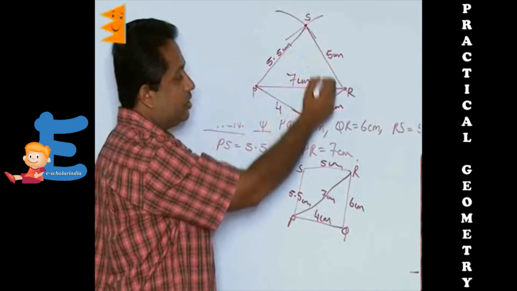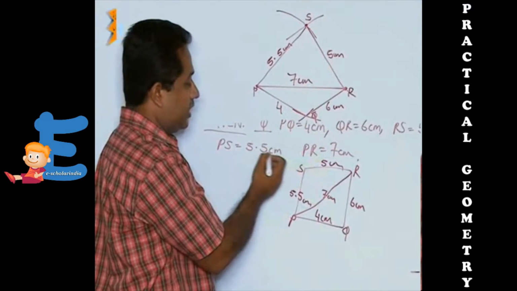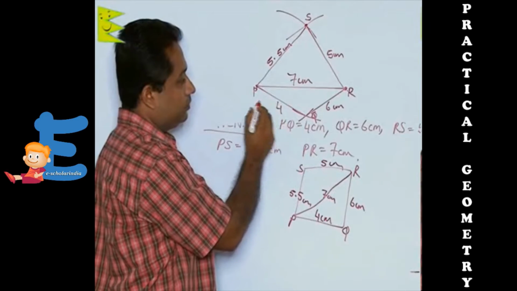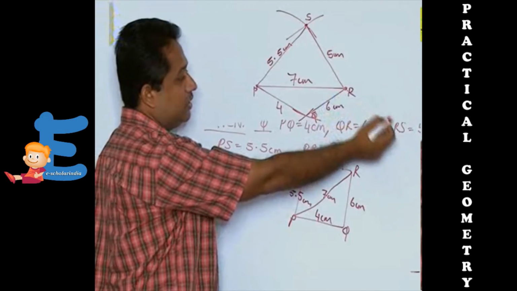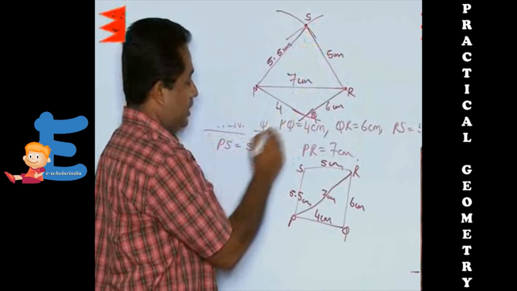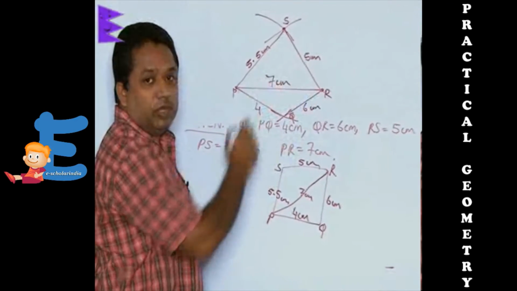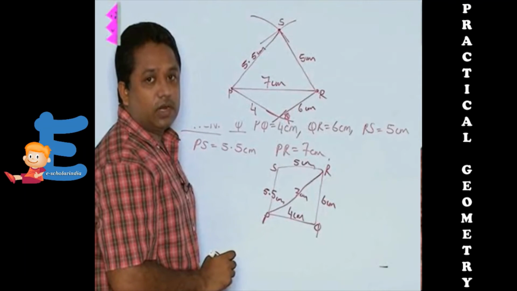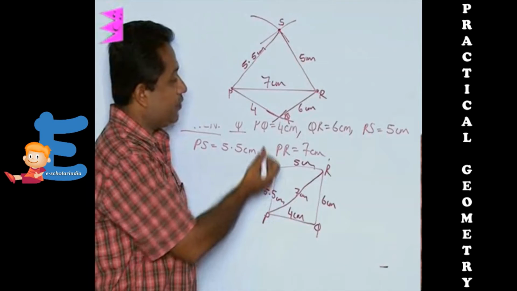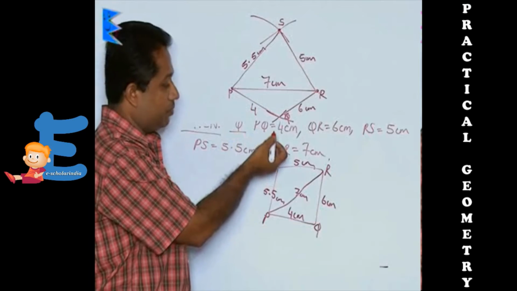So all the dimensions as given in the question are now satisfied. PQ 4, QR 6, RS 5 centimeter and PS 5.5 centimeter. So we can say that PQRS is the required quadrilateral. And then as for any geometry question, you are supposed to write down the steps of construction.